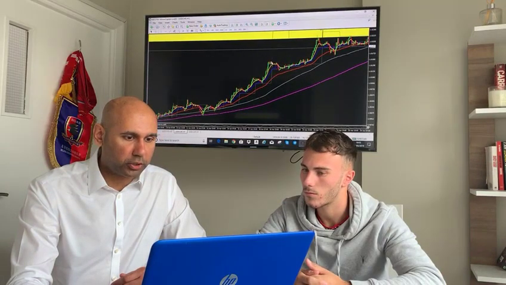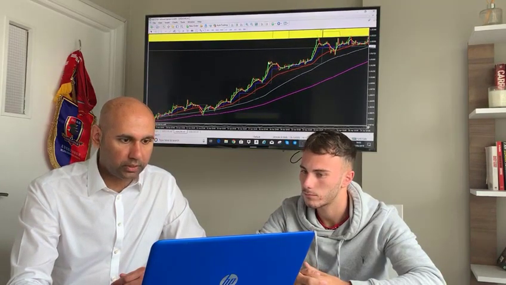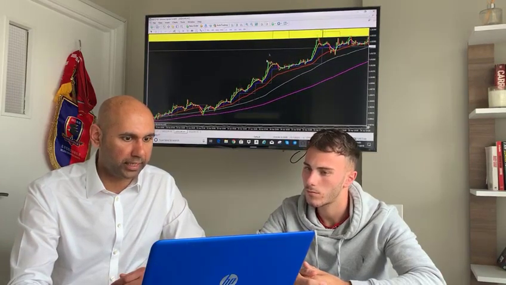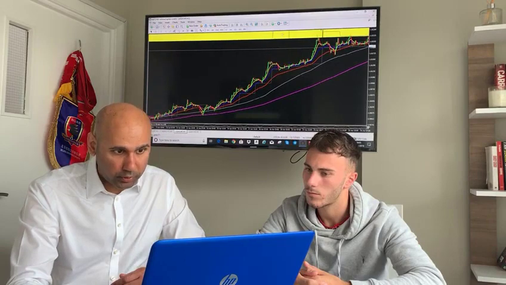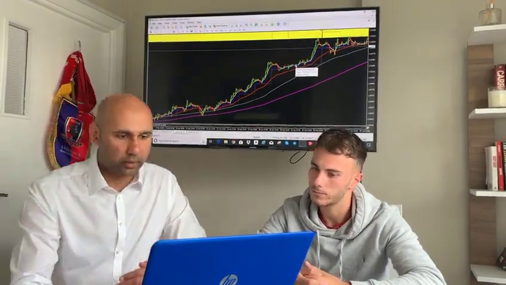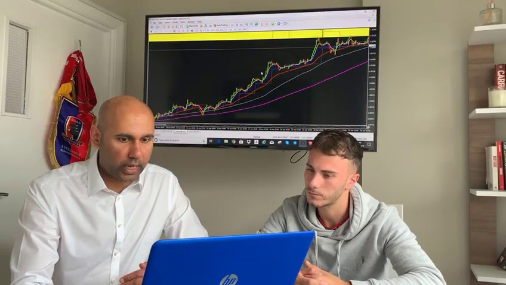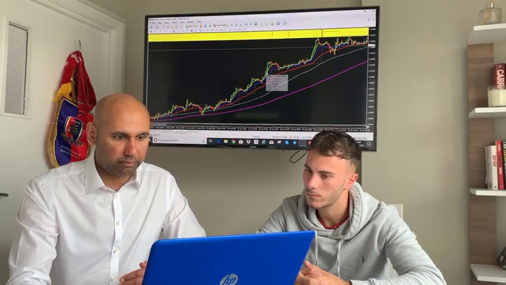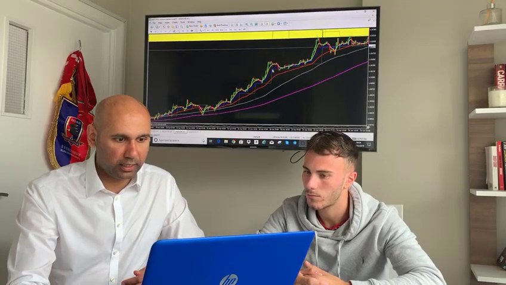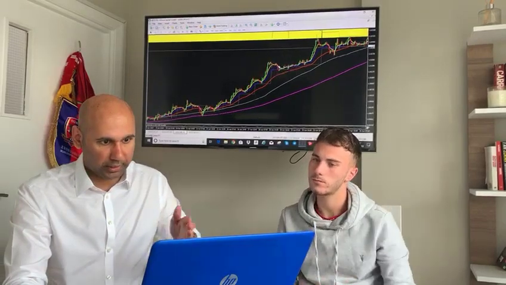See this phase 2 over here? This is deeper than the previous phase 2. That's a signal, as we're approaching the resistance level, that the sellers are starting to come in more. That's when you should start being a bit more cautious with your trades. If you've bought here, then either reduce your risk or stop buying.